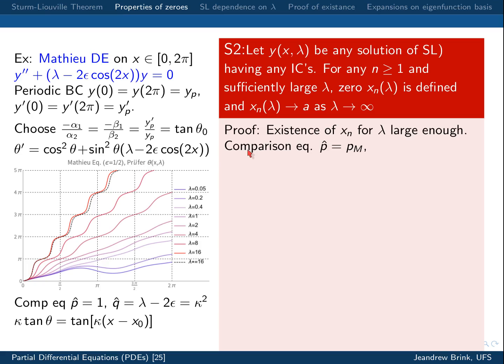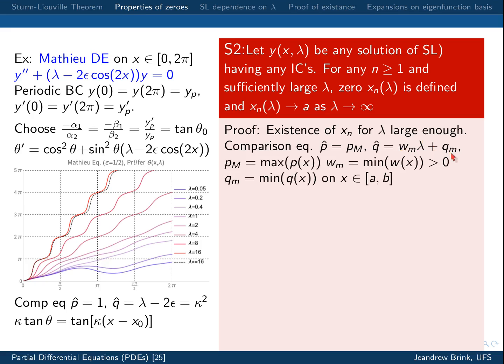The way we prove it is once again to construct the comparison function, much as we constructed the comparison function here. In fact, it is this one just generalized. So for the comparison equation with constant functions, we have p hat equals pm, which is the maximum value of p on the domain, and q hat equals wm lambda plus qm, where wm is the minimum of w, which we know is always greater than 0 because w of x is greater than 0, and qm is the minimum of q on AB.